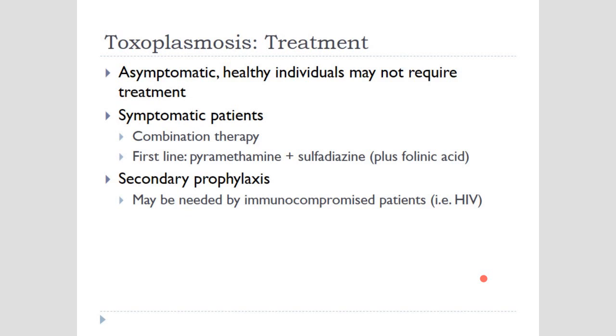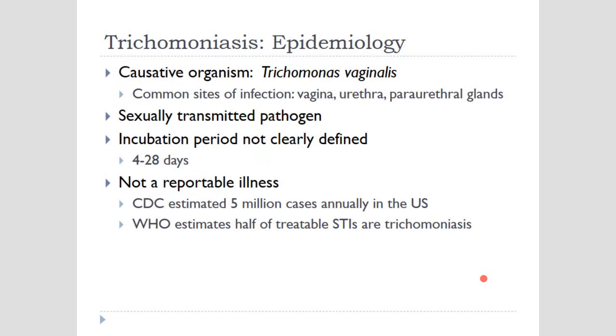And it's on the back burner, we don't really know. So once you are symptomatic and seek attention, then we can do something. So first line is pyrimethamine, and you can add sulfadiazine to that, plus folinic acid. We also do secondary prophylaxis, especially for HIV patients, because they are prone to that.